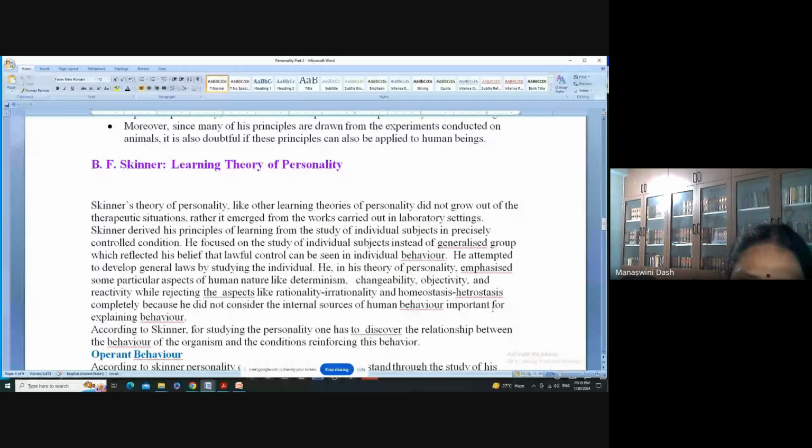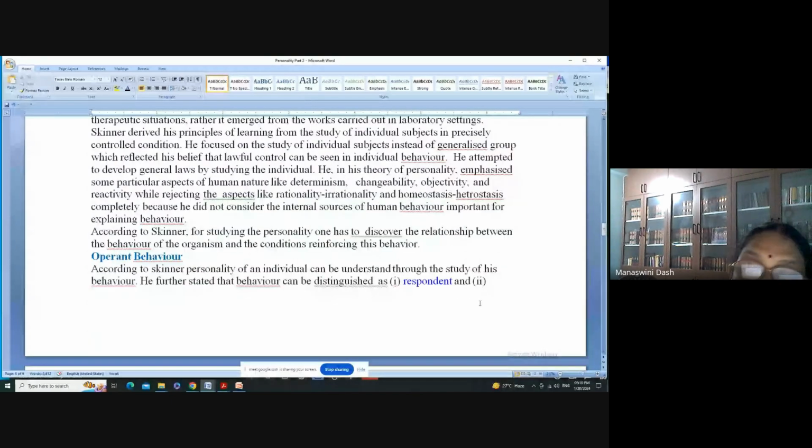We have to study it. Operant behavior. Skinner's theory is known as operant conditioning theory, and Skinner studied operant behavior.